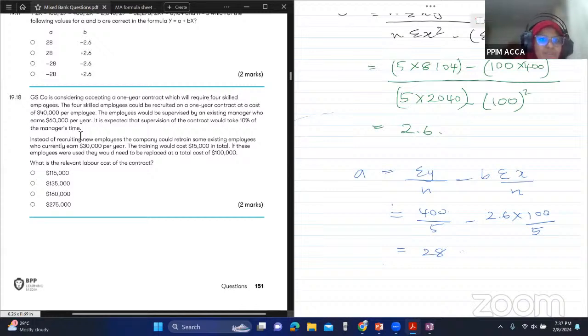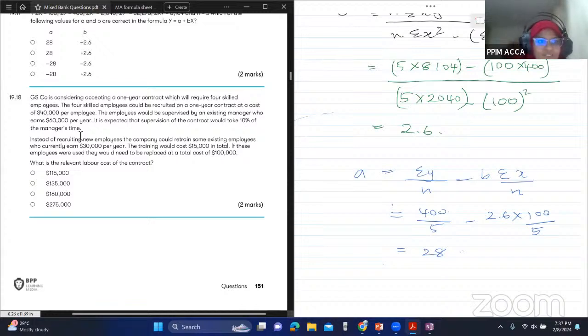The employees would be supervised by an existing manager who earns $60,000 per year. It is expected that supervision of the contract would take 10% of the manager's time. So if we go for this new contract, we have to hire 4 new employees, and our existing supervisor will supervise them, taking 10% of his time.